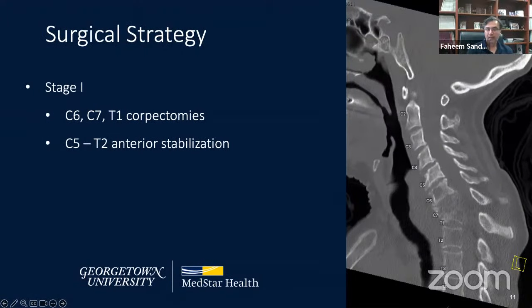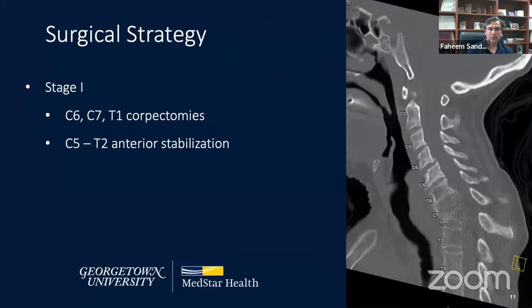Yeah, this obviously is an unstable situation that requires both anterior and posterior stabilization. We wanted to decompress the spinal cord and help with the realignment with the anterior approach, and plan to perform corpectomies at C6, C7, and T1, and then stabilize it with expandable cage and integrated plate.